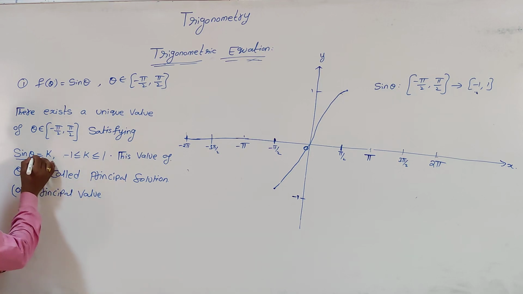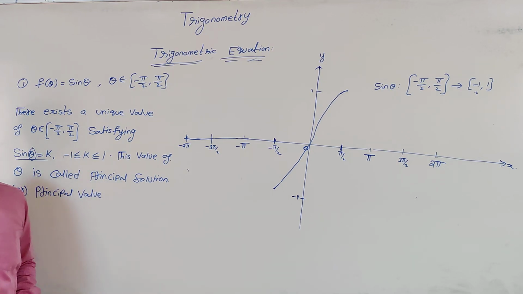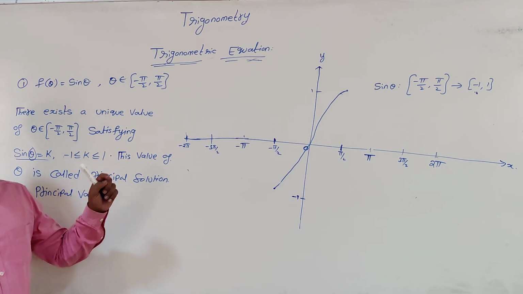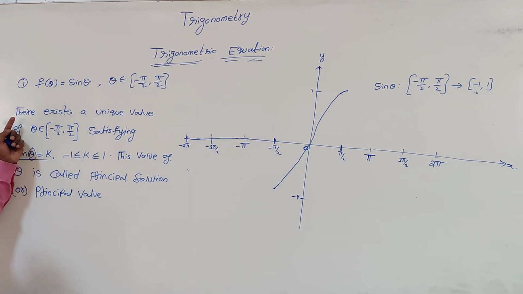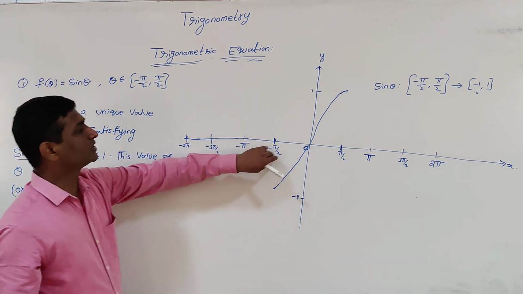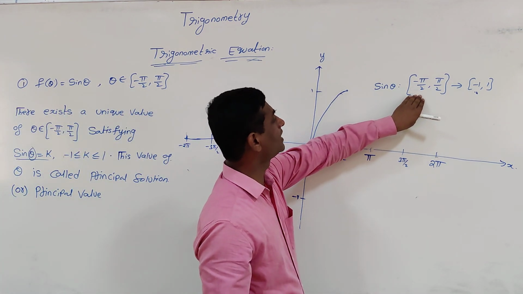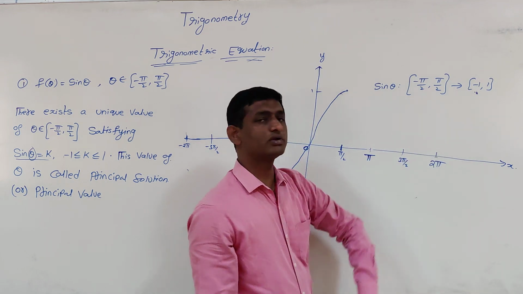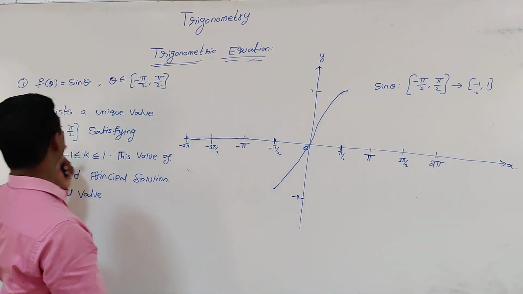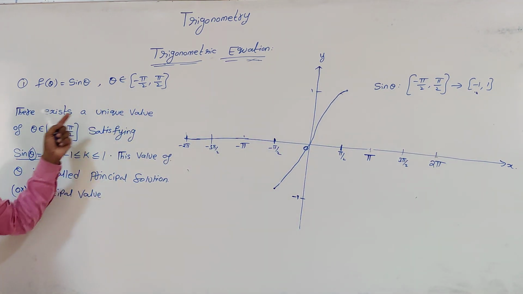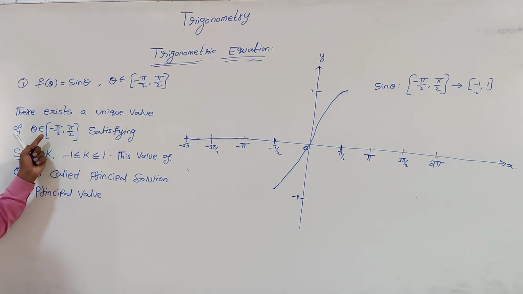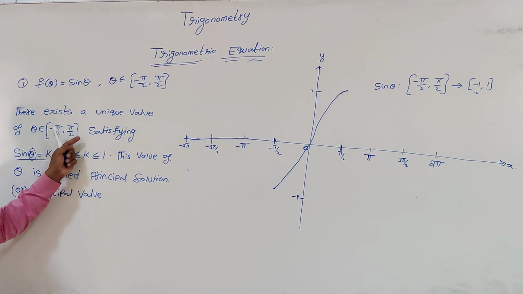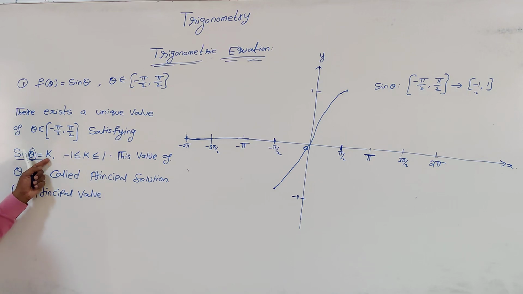This unique value theta is called the principal solution of the equation sin theta is equal to k. So there exists a unique value of theta between minus pi by 2 and pi by 2 satisfying sin theta is equal to k.